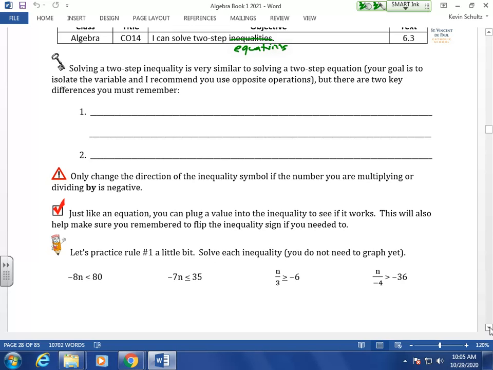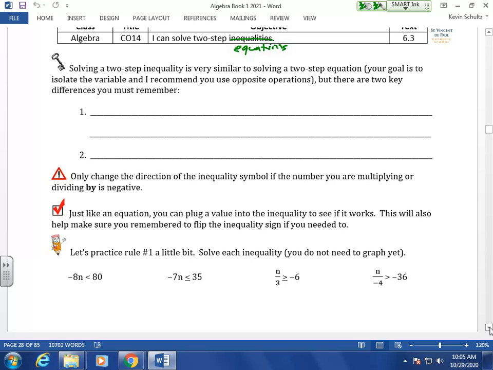Opposite operations, move the constant over, divide by the coefficient, right? Back to P09, okay? And the process for inequalities is really the same thing. You'll have a constant, you'll have a coefficient, you're using opposite operations, you're moving the constant over, you're dividing by the coefficient, none of those things change, okay?